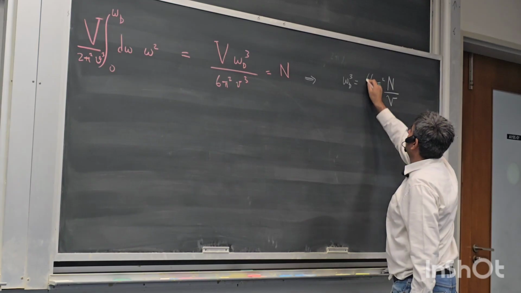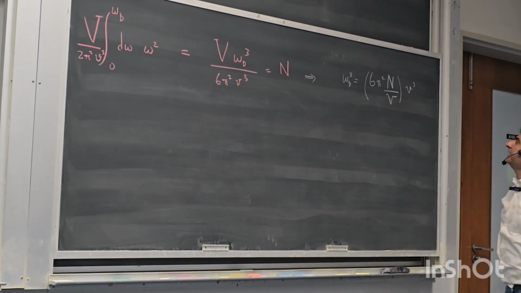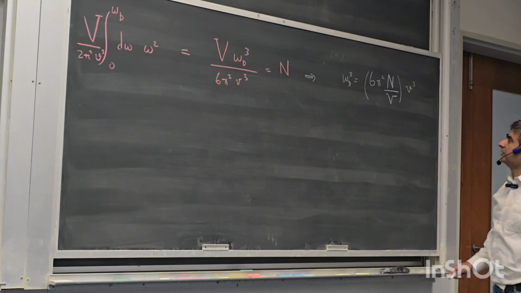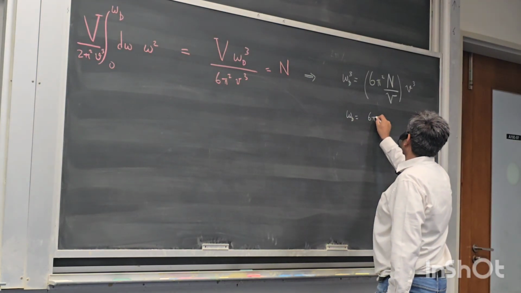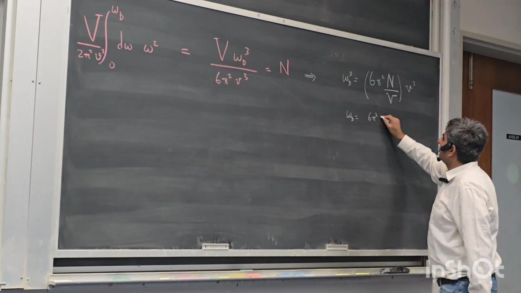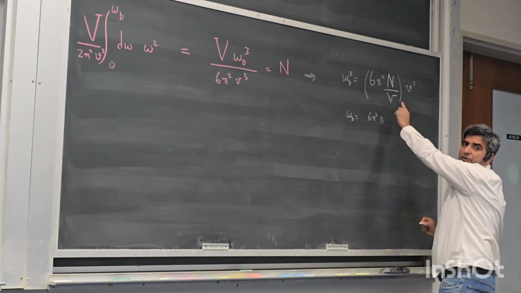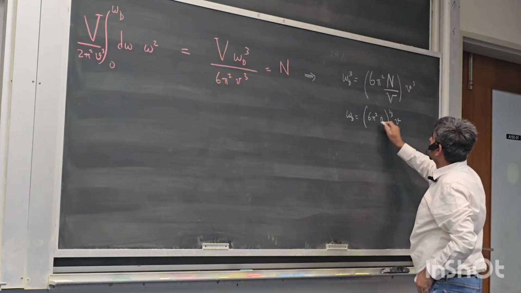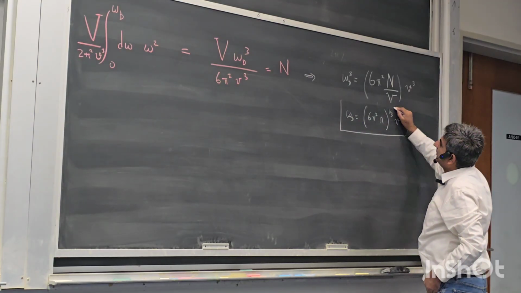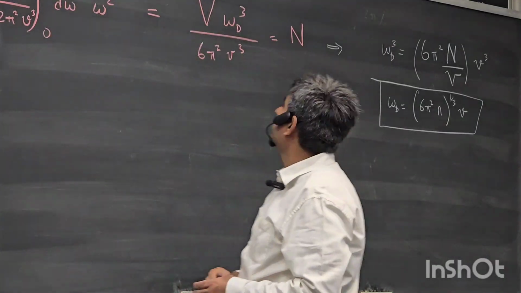V is the total volume of the solid, and this small v is the speed of sound. In other words, my omega d must be the cube root of 6 pi square, I'll call this the density of atoms, the number of atoms per unit volume, n over V, times v. This is my Debye frequency. So this integral is limited on the upper side by this Debye frequency.